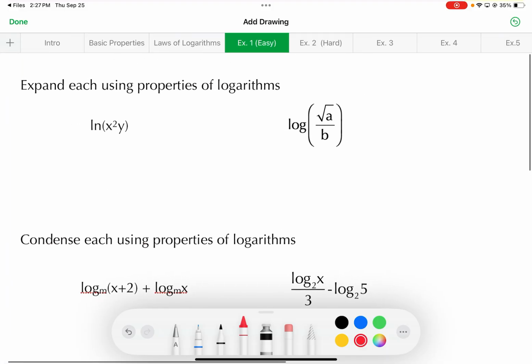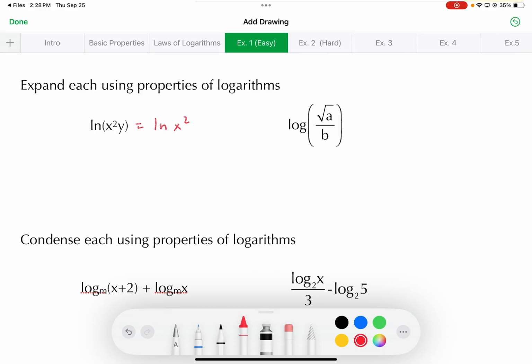So example 1, these would be of the easy variety. I want to expand using properties of logs. Well, expand means make bigger, right? Or make longer. So I'm going from a single log to multiple logs, probably added or subtracted. Okay, well, natural log of x squared y, there's a product there between the x squared and the y, right?